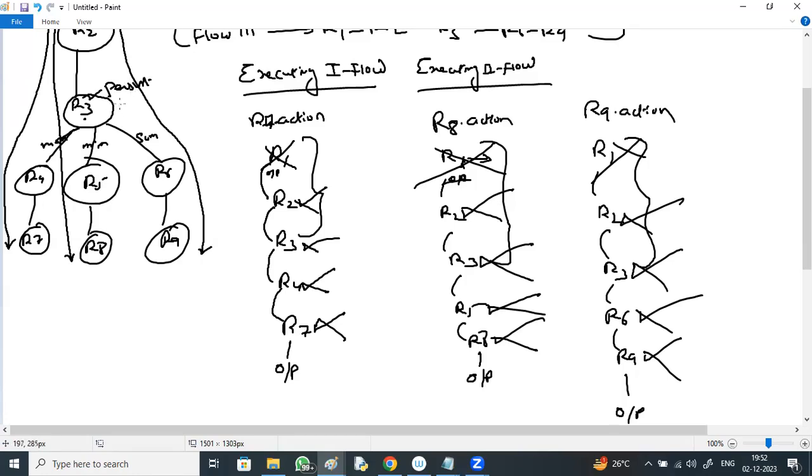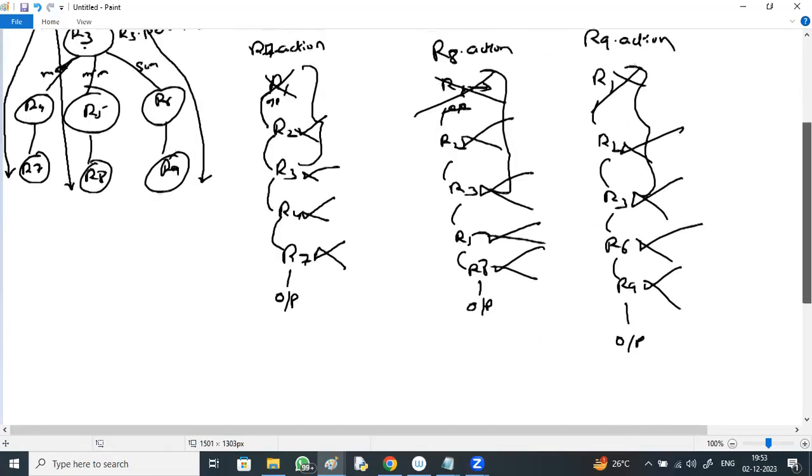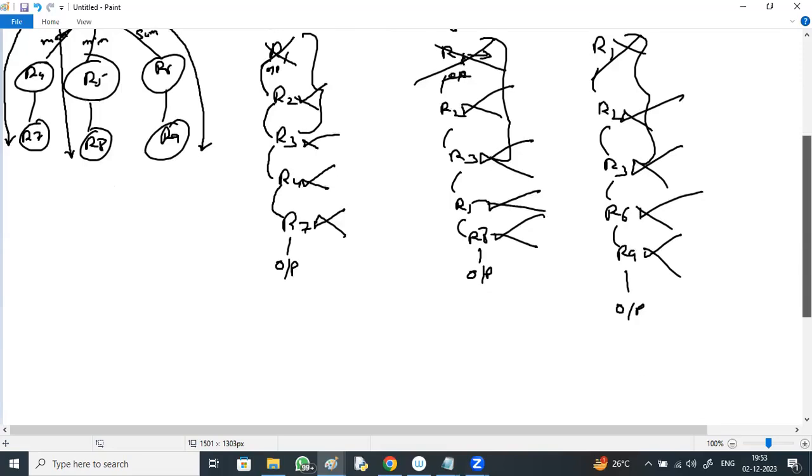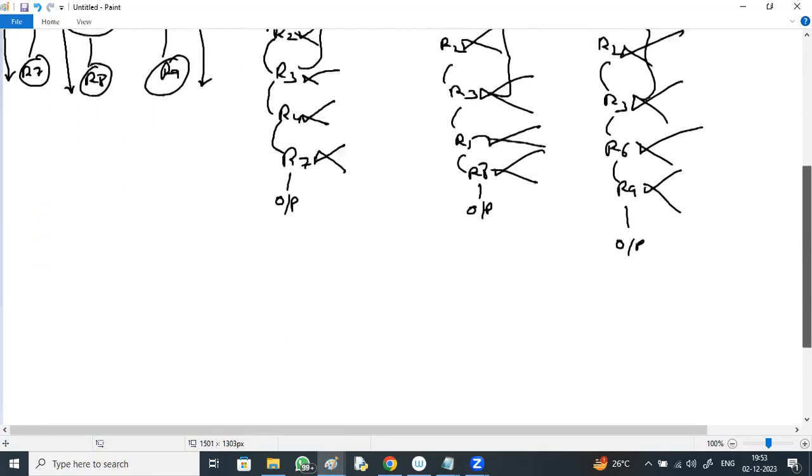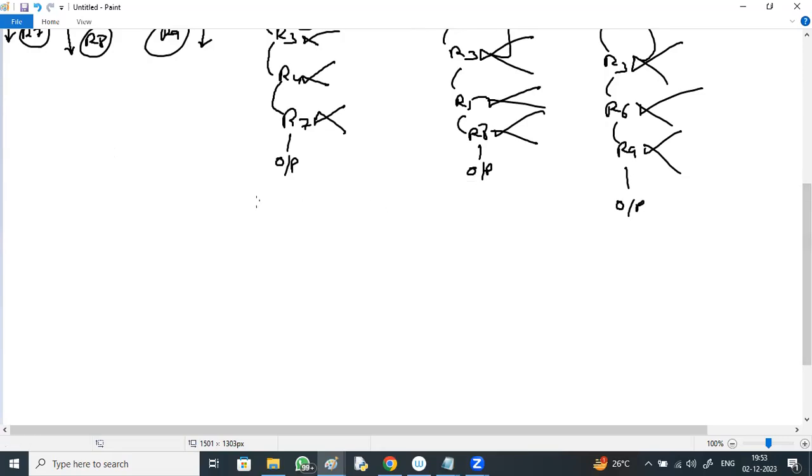How will you persist? By saying R3.persist. It gets persisted. Once it is persisted, R3 remains in the RAM. See now, observe this, the flow will be like this.